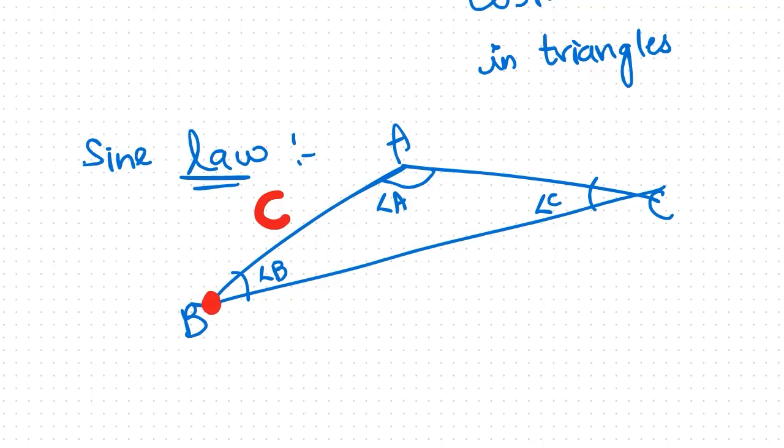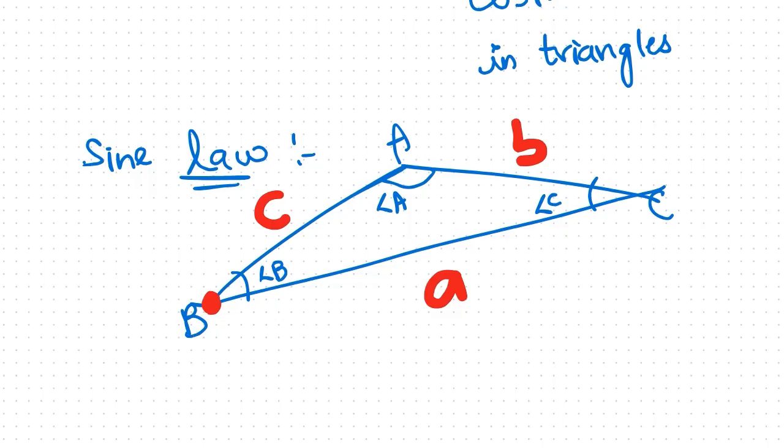Can you guess what AC is called? Lowercase b. And the side opposite vertex A is small a.